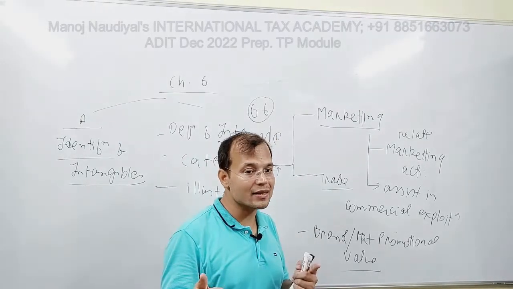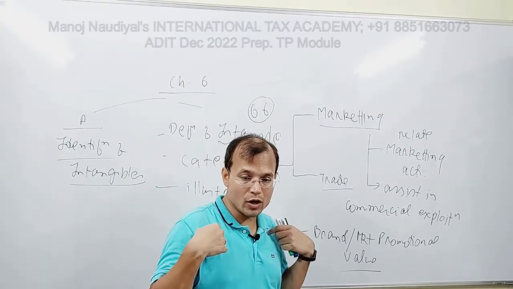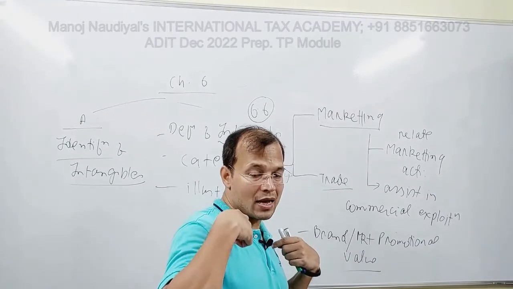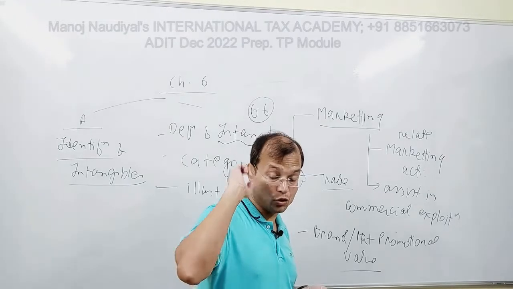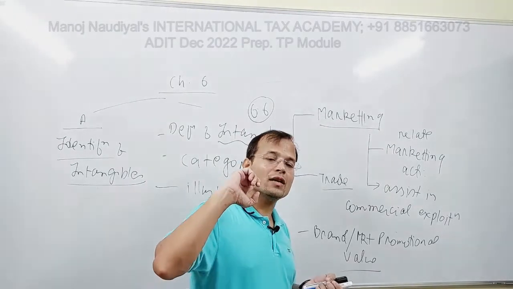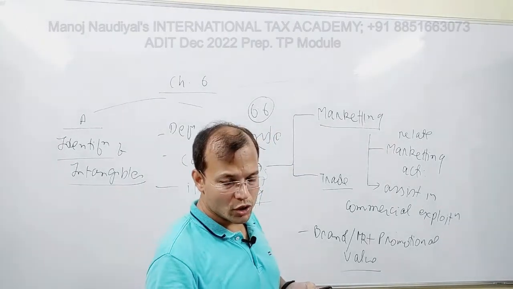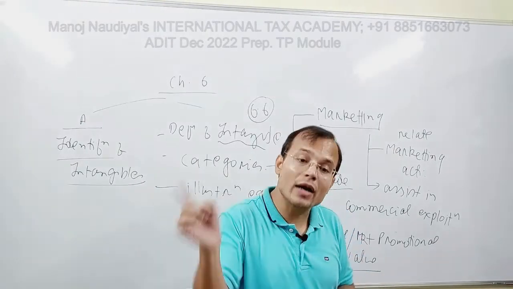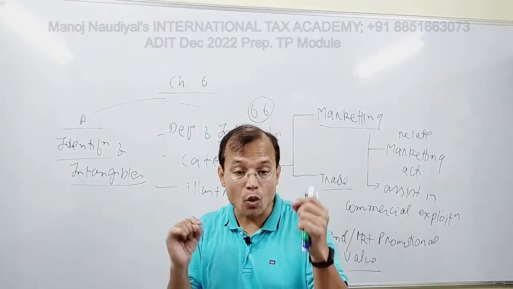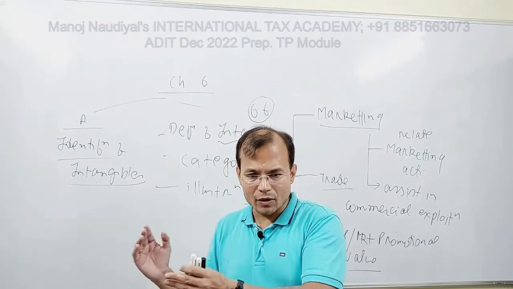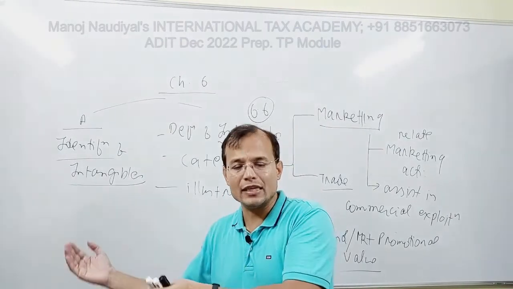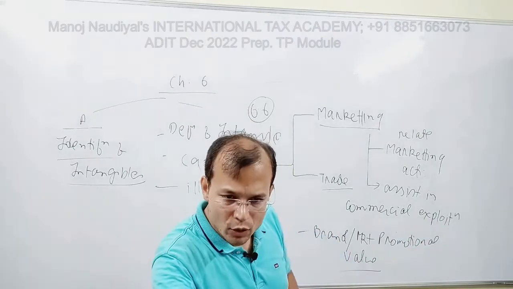As far as the patent is concerned, I am the owner, I am the holder of that intangible, but as far as license, the right to use that intangible is concerned, I have licensed to you. So that is why as far as the right to use that patent is concerned, you are the holder of that intangible. Is this point clear? So patent or intangible and the right to use intangible, they are two separate rights. Is this point clear to everyone?